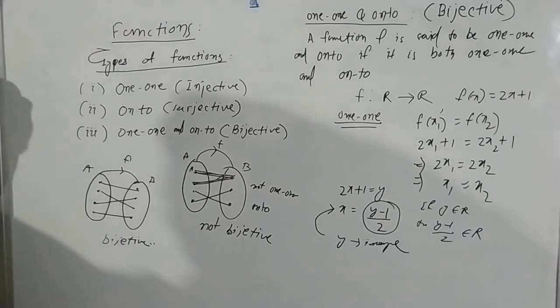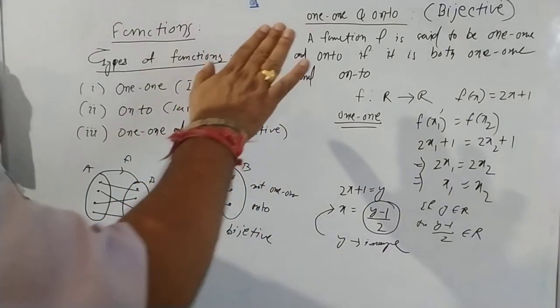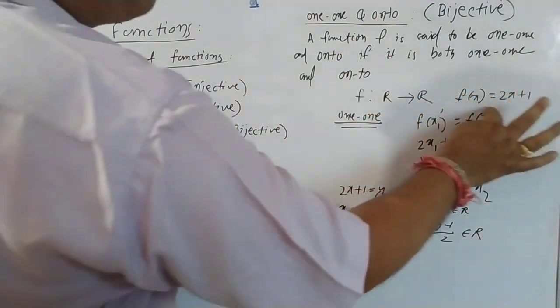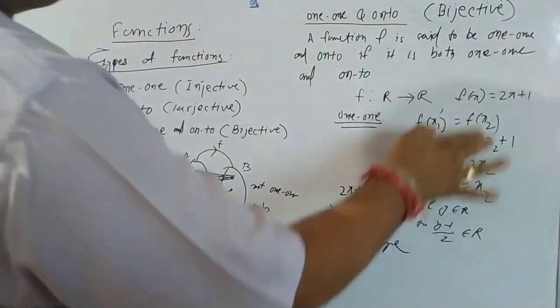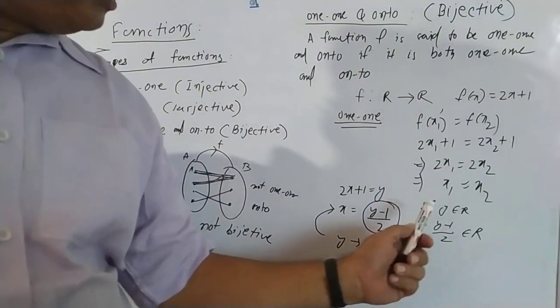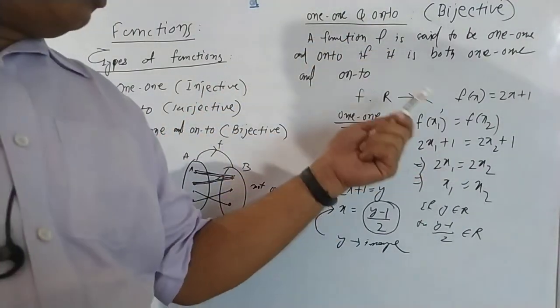Means you have to check the injectivity, surjectivity and bijectivity of a function. For 1 1, you take f of x1 is equal to f of x2, and through the solution you show that x1 is equal to x2, then it is 1 1.